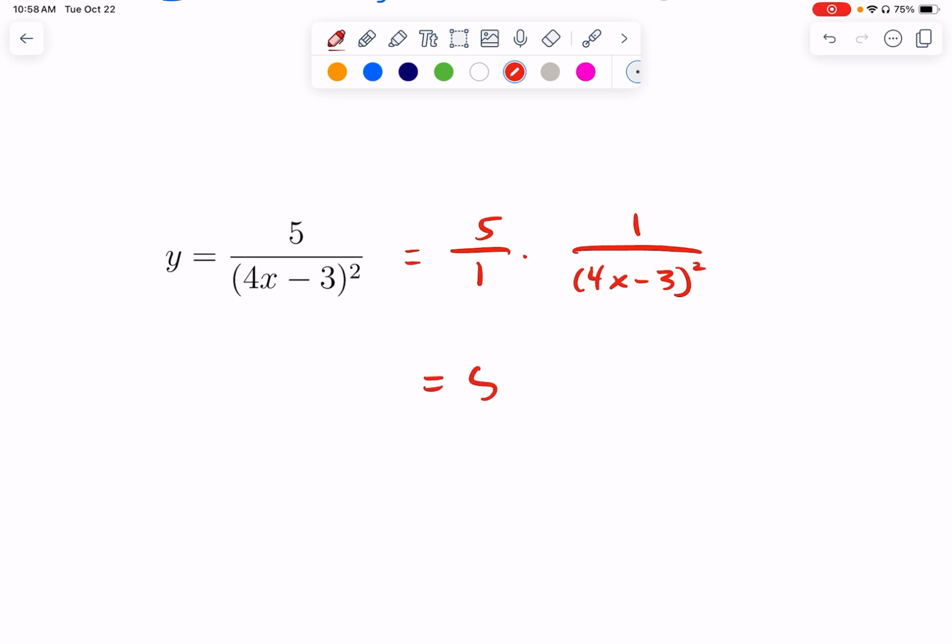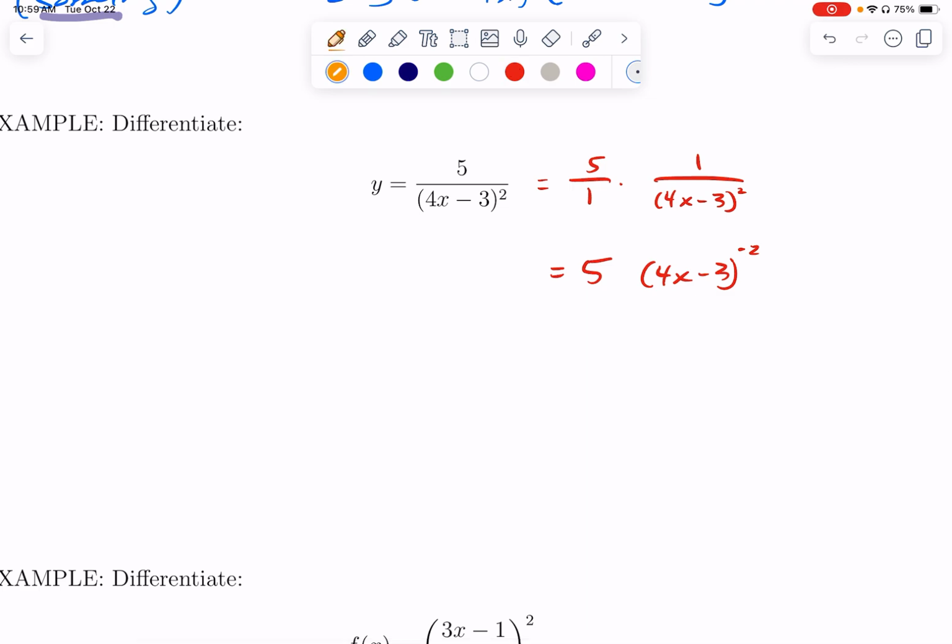So what I actually have here is 5 times 4x minus 3, not squared, yikes, to the negative 2. So when we see a fraction, sometimes we can rearrange things and write it with a negative exponent and avoid the quotient rule.